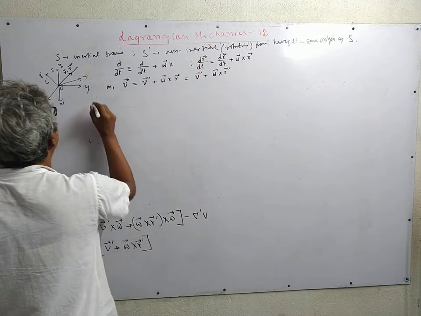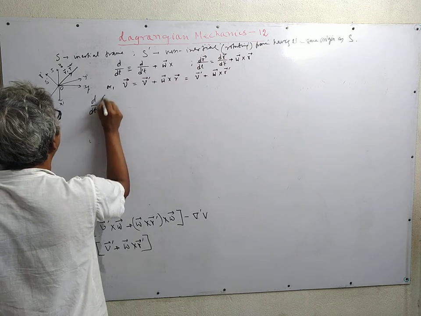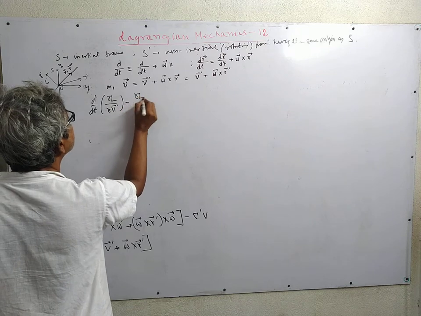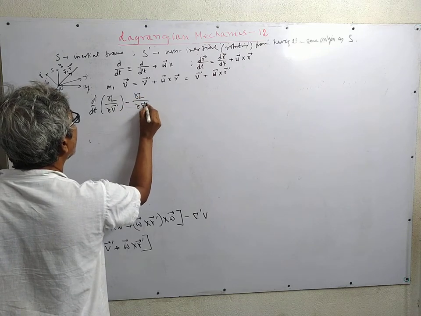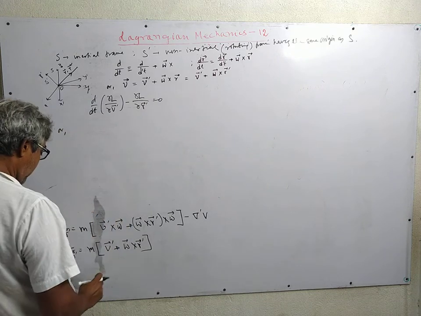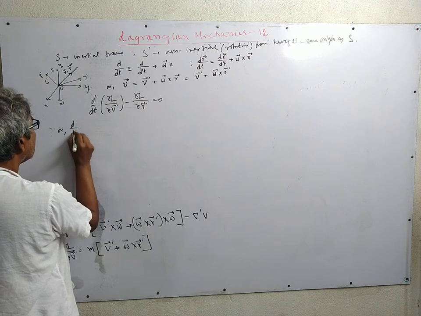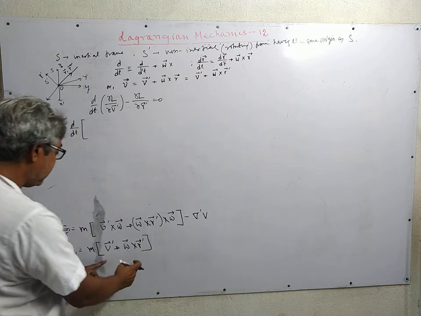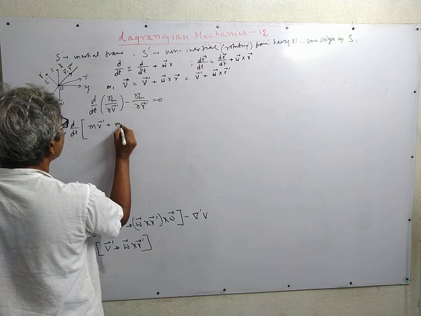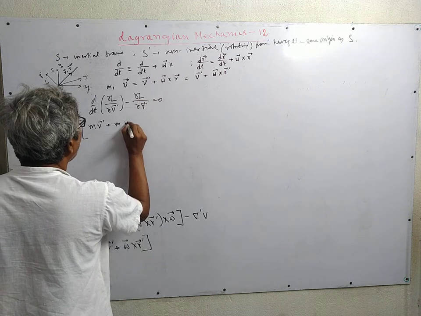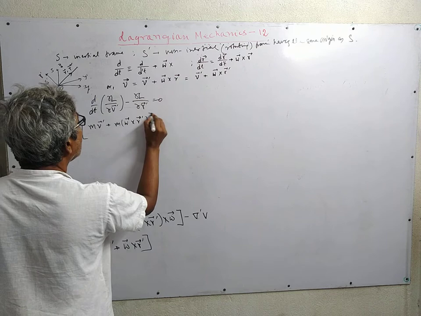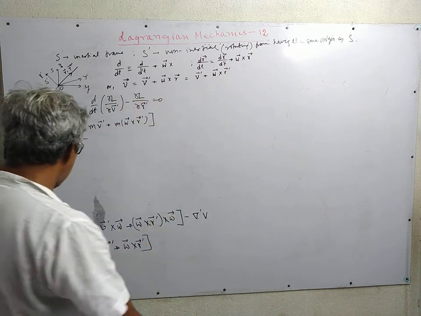So the Euler-Lagrange equation is d/dt of ∂L/∂v' minus ∂L/∂r' is equal to 0. We have d/dt of this quantity, m v' plus m ω cross r', and we write it on the other side.